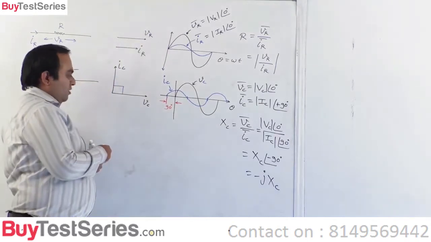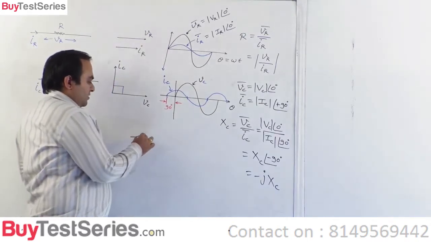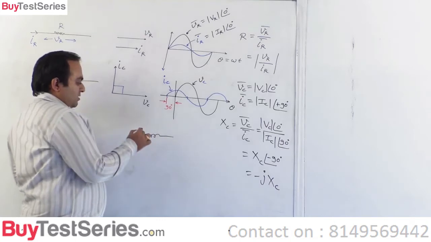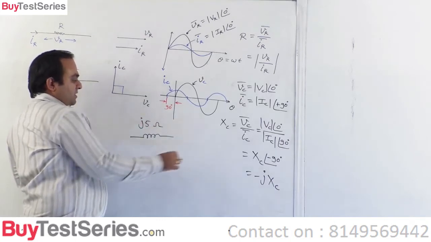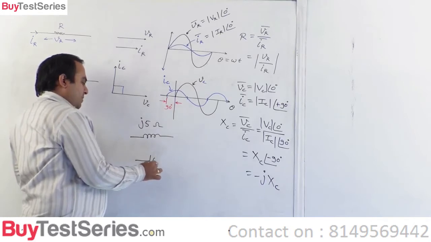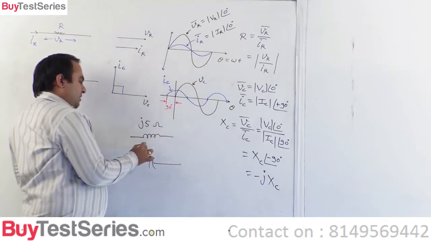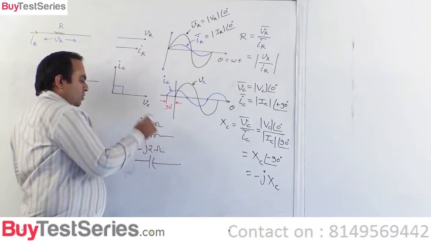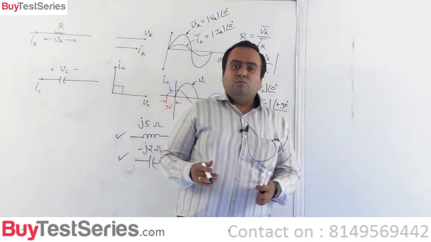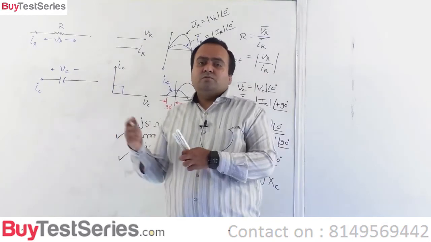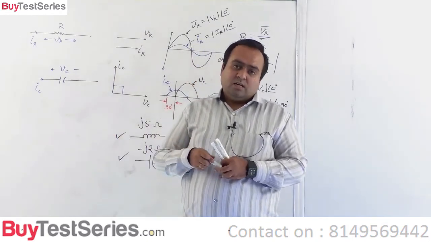So this practice we always maintain, you are familiar with this. Whenever we write an inductance, we write it as j5 ohms. This is because of this reason. And when we write a capacitance, it is written as minus j2 ohms. So we maintain this practice whenever we have to deal with the problems of sinusoidal circuits.